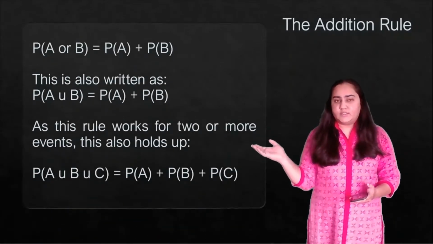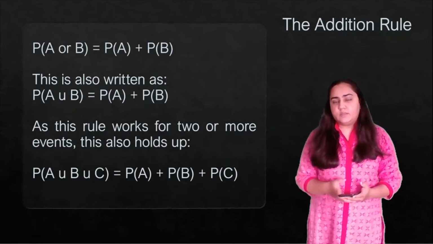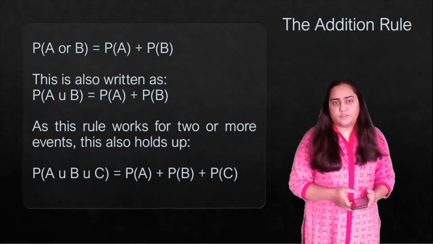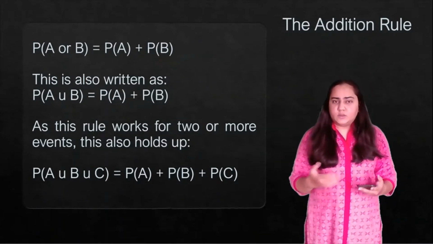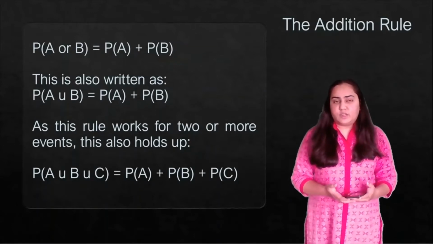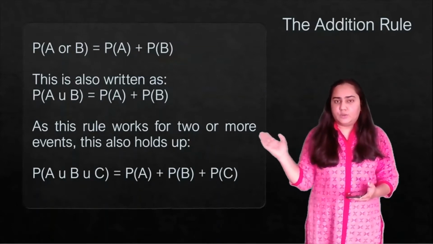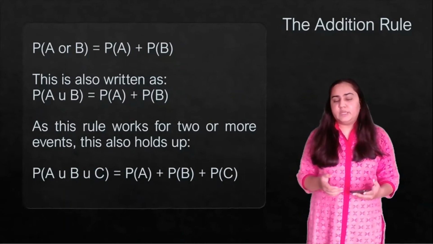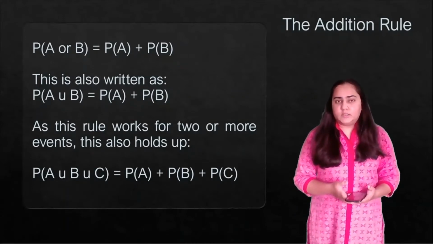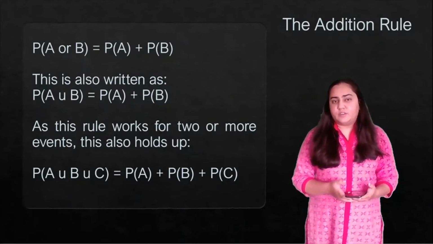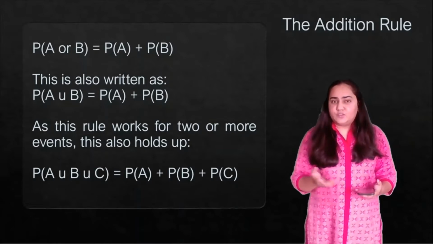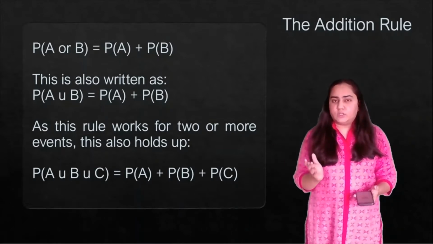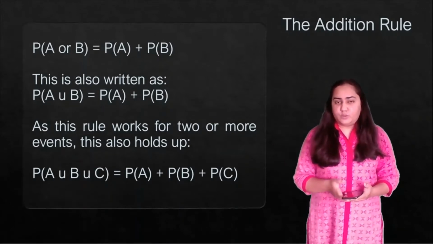It is written as P of A or B is equal to P of A plus P of B. And it is also written sometimes in terms of set operation like union, as P of A union B is equal to P of A plus P of B. This rule can work for not just 2 events, it can work for 2 or more events.